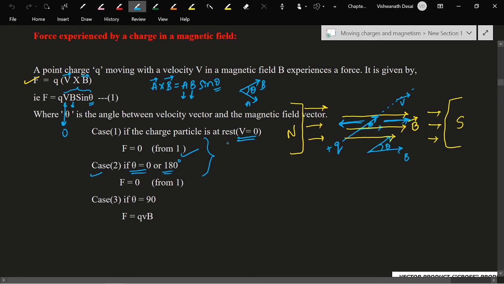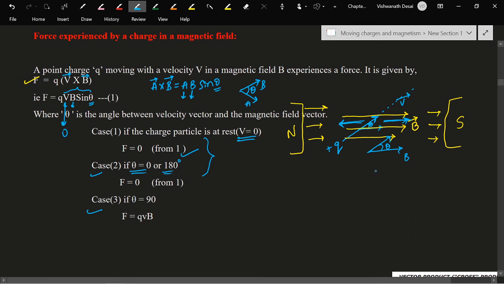So these are the two cases in which the charged particle will not experience any force. In the first case, if the charge is stationary, it doesn't experience any force. Or if the charge is moving parallel or anti-parallel to the magnetic field, again it doesn't experience any force. Then it experiences the maximum force when theta is equal to 90 degrees.